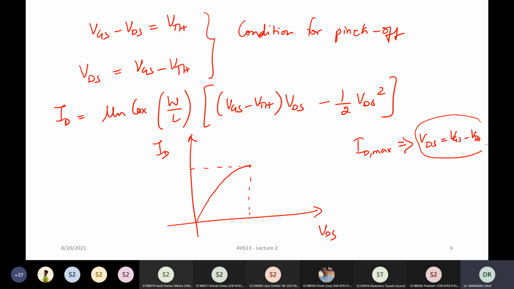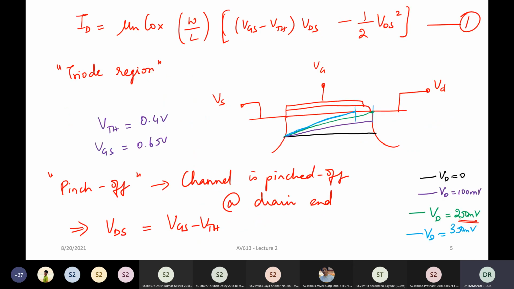As I mentioned, this condition is where the pinch off happens. When the pinch off happens, your VDS no longer has any control over your current. There is a diffusion region between the channel and your drain, and therefore whatever electrons are there, they reach this point, and afterwards they are just swept across this barrier.